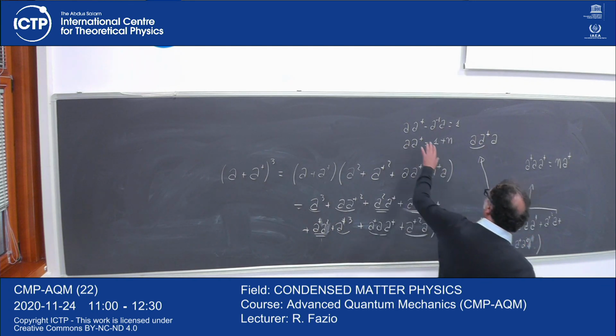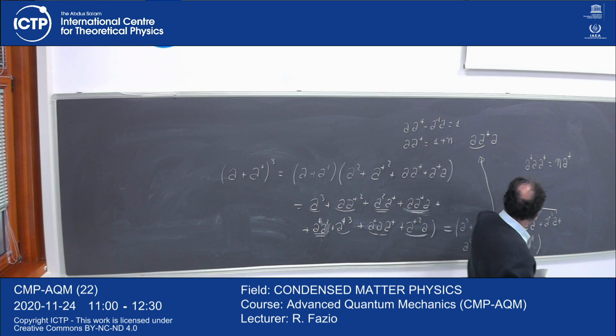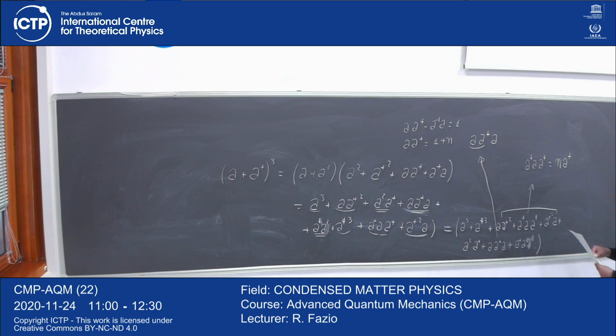Now, basically you have to use all these commutators in such a way that you bring things into a form. So, this is what you have to do. Is this clear or not?